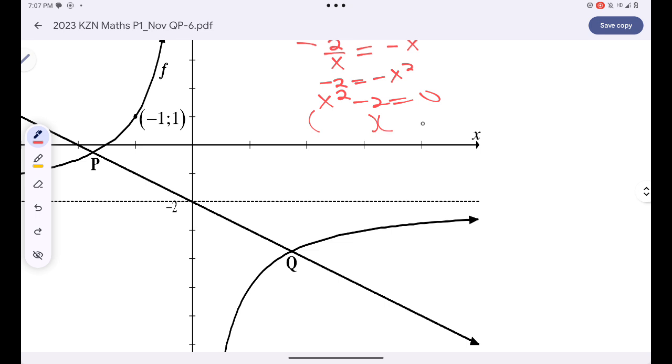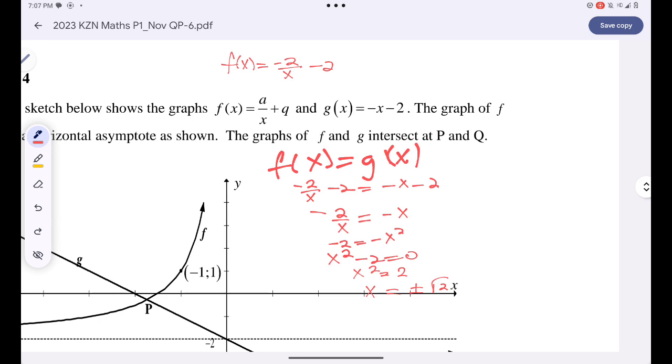And then open two brackets, or rather take the 2 to the other side. It's positive. Then take square roots on both sides, plus minus the square root of 2. So the x value is just plus minus the square root of 2, right?